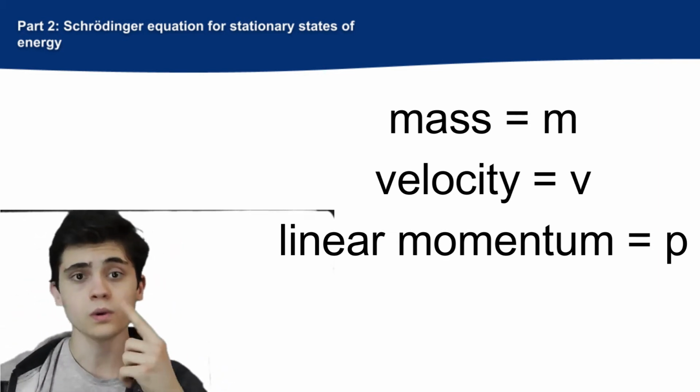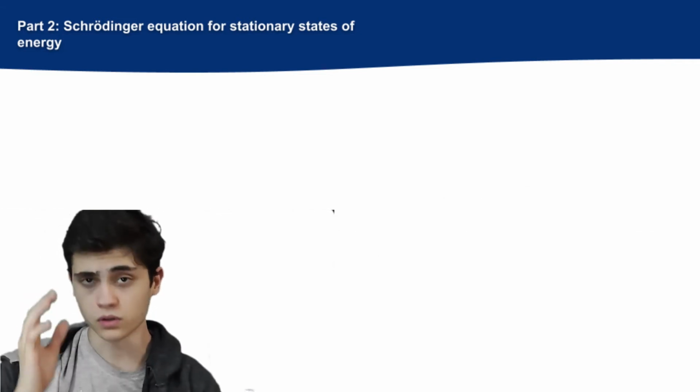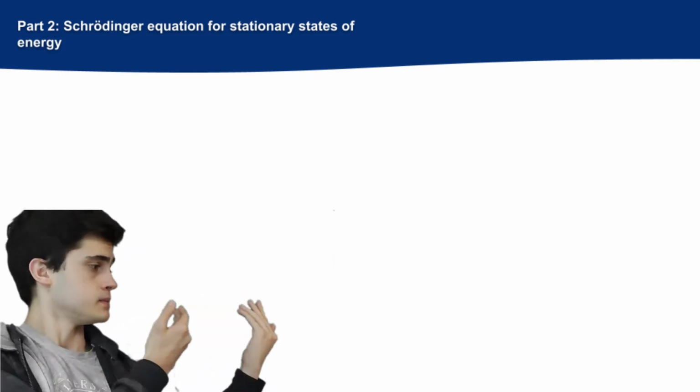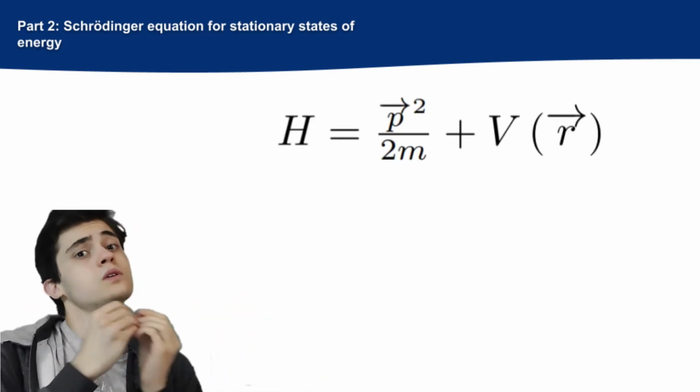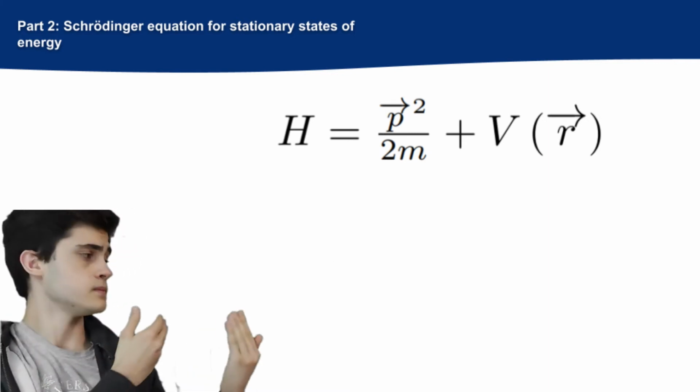And also we are going to consider a potential which doesn't depend on time. So the Hamiltonian is this, and we can rewrite the Schrödinger equation as this.